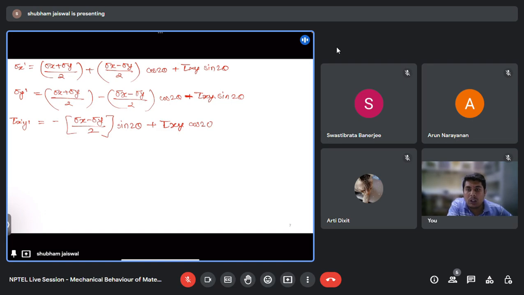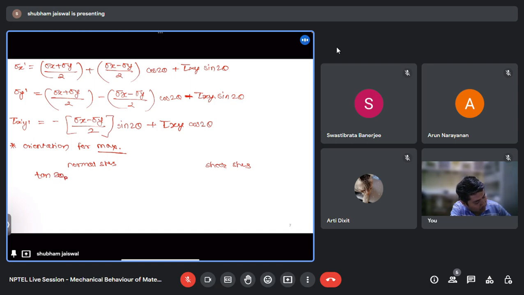So this is how we can calculate the shear stresses and the normal stresses. And what about the orientation? The orientation for maximum normal stress and shear stress is given by the equation tan 2 theta.